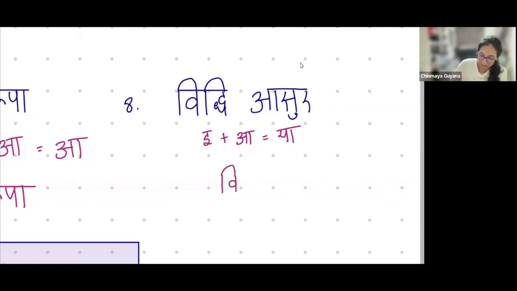Vidhyasura. That Ya is written as like a half open Ya. These words are all from chapter 17. Those who have been coming to class might look familiar.